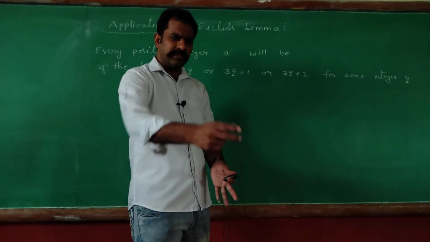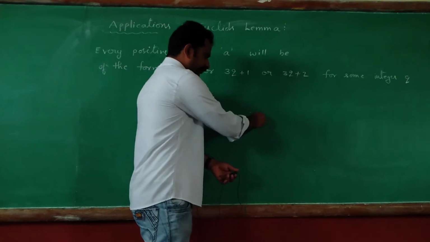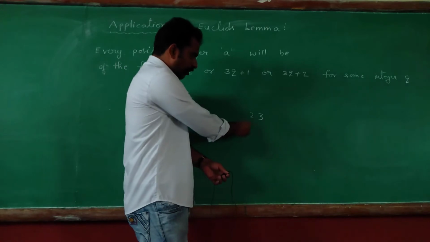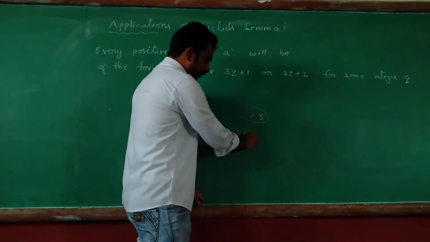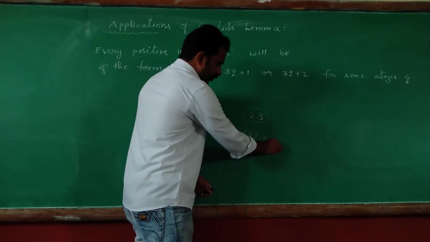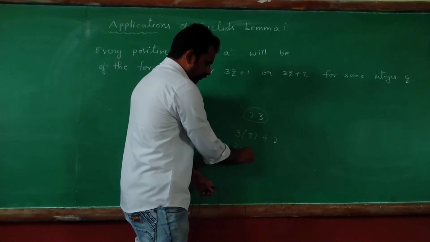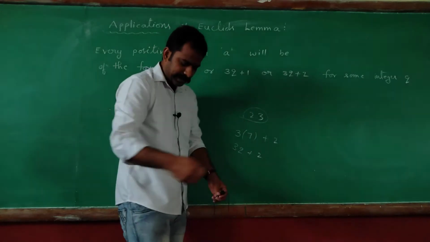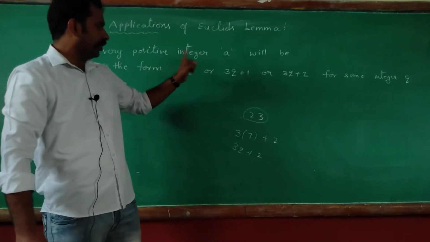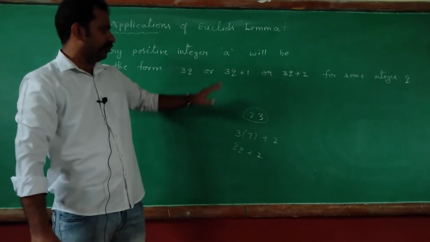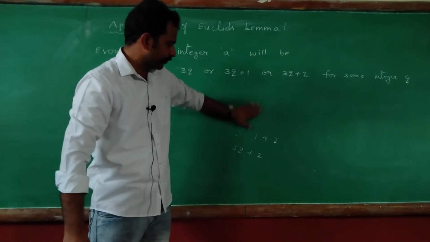For example, if you imagine 23, how can we express 23 as a multiple of 3? 3 times 7 is 21, and what is the remainder? 2. So here I get a 3q plus 2 form. So any one of these three forms will be possible for any positive integer a you have taken. Okay, that is what we have to prove.